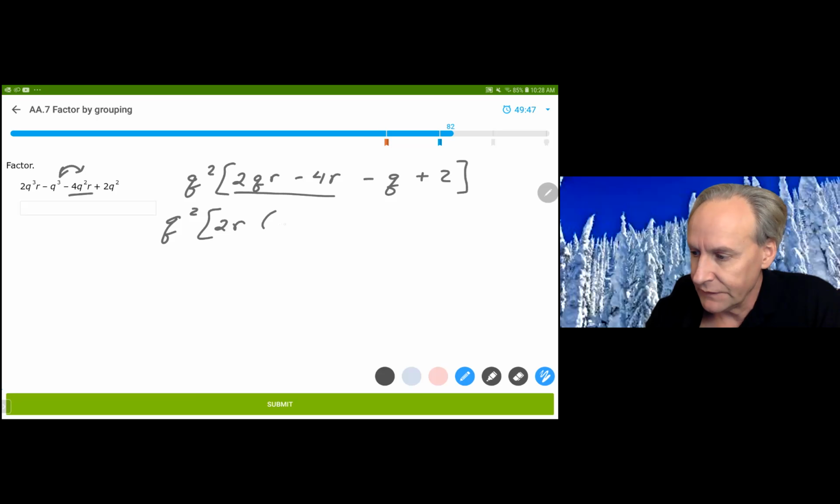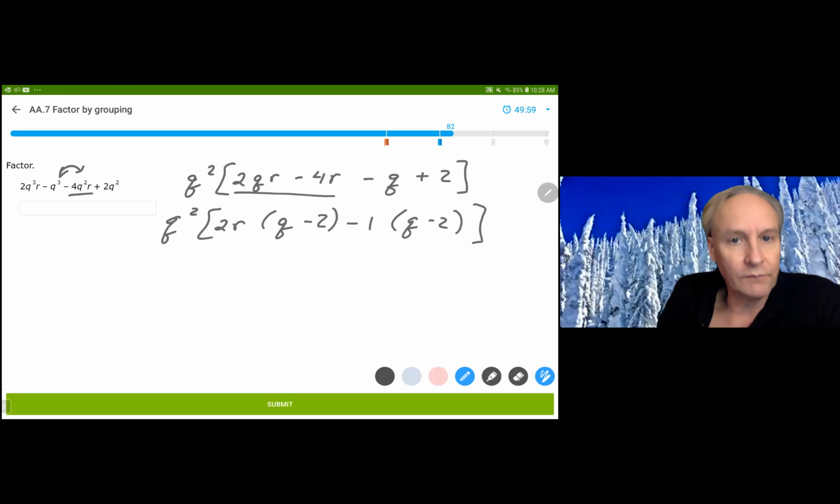And what's left is going to be a Q minus 2. Now I want to get a Q minus 2 over here. So what I have to take out is a minus 1. Again, hopefully that's clear. I took a negative 1 out of both of these terms so that I'd get a Q minus 2.